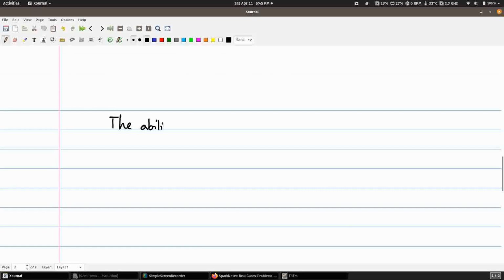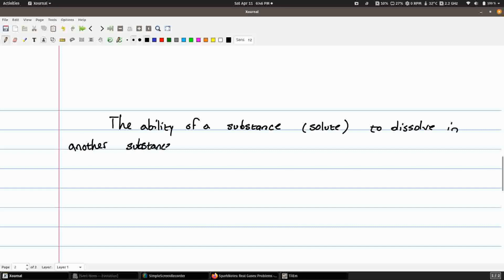The ability of a substance, so that's referring to, in this case, your solute, to dissolve in another substance is called solubility.